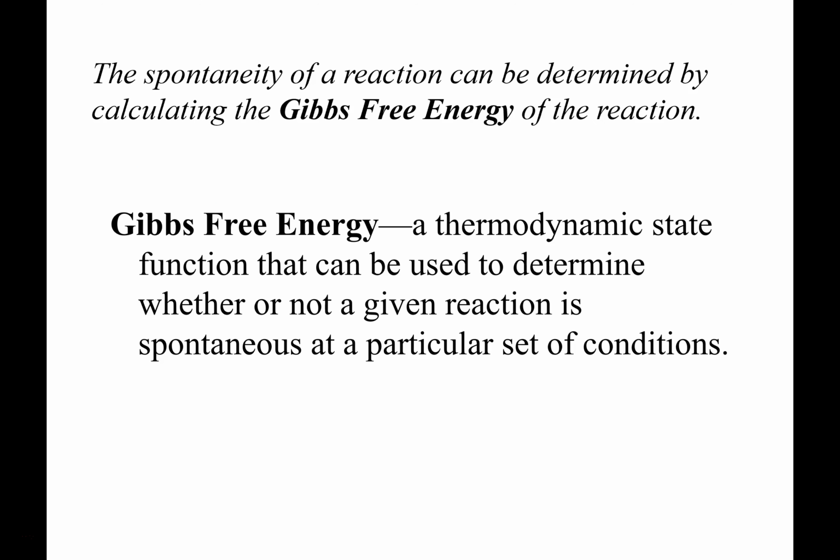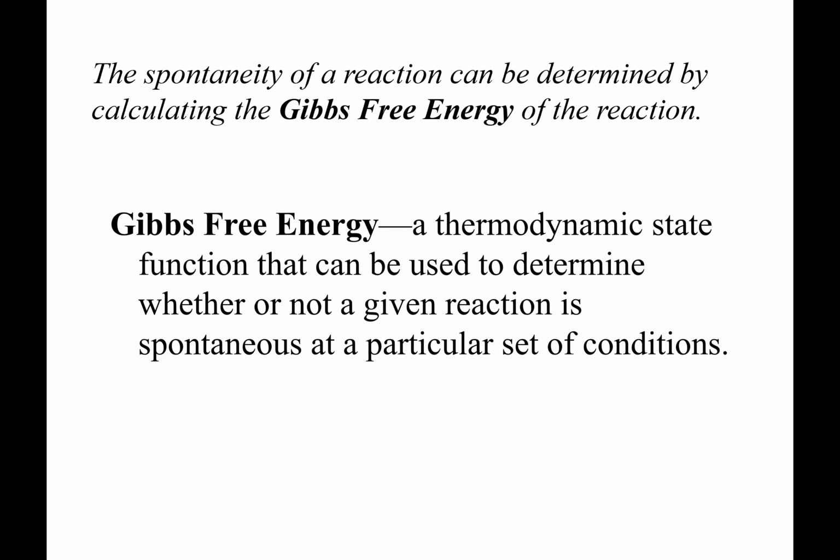Okay. I've been talking about G, so here it is. G is called Gibbs free energy, and it is also a state function. It's independent of path. So that's all good. You just need to know the initial and the final conditions.